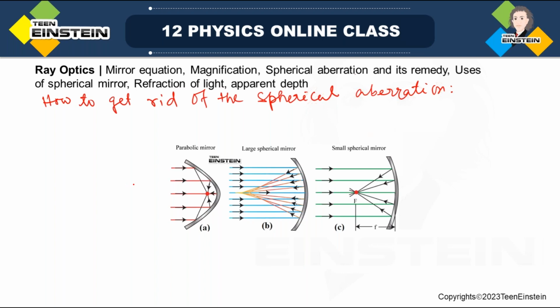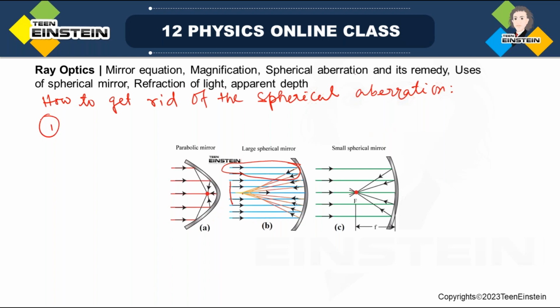There are ways to get rid of it. First of all, we can use some filters which can cut off the marginal rays, so that we get just paraxial rays to focus at a single point.